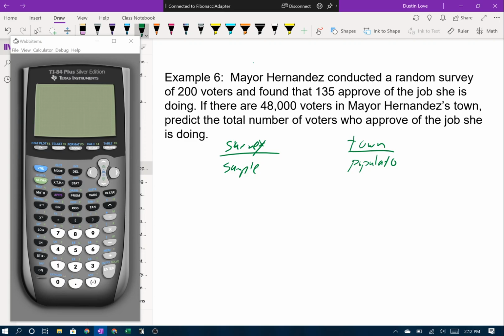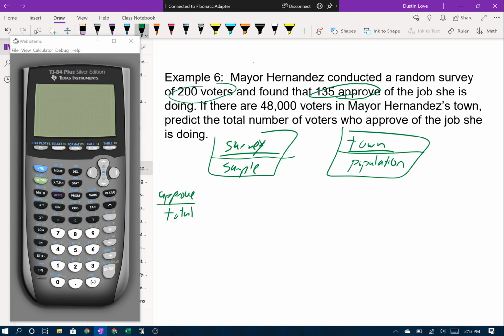So what you're going to do is take, essentially, we've got people that approve and people that are voters, or the entire sample. What we're going to do is make a fraction out of those that approve divided by the total. So with the sample, how many people approve? 135.